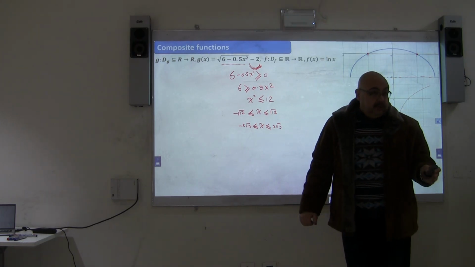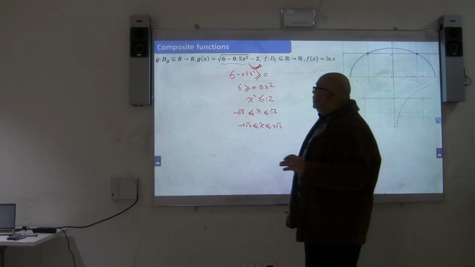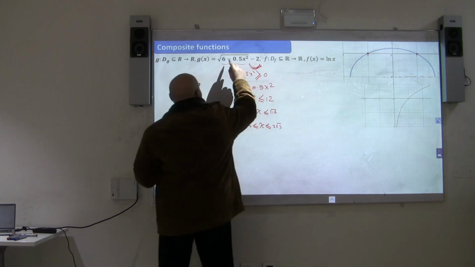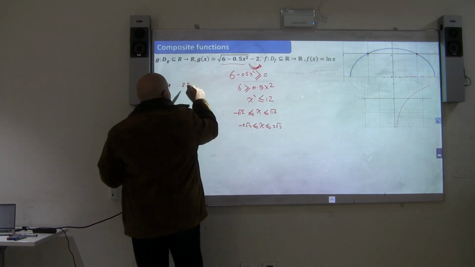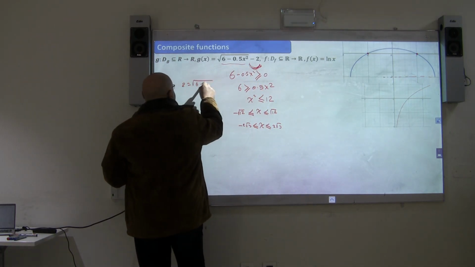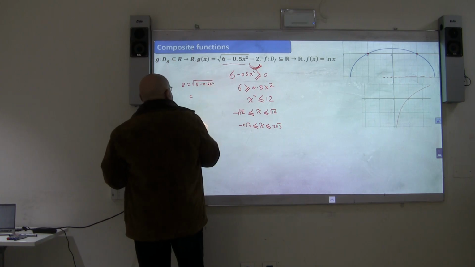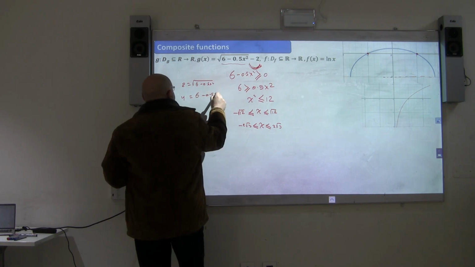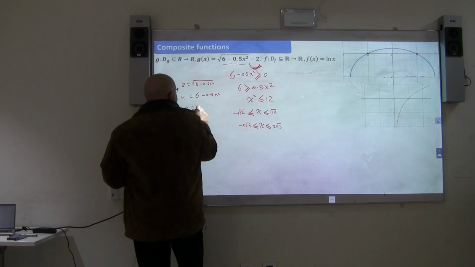This is really very simple to get also, by just equating the function to 0, that is, the root of 6 minus 0.5 x squared equal to 2, and then solving for x. It will be 4 equal to 6 minus 0.5 x squared, which means you will have negative 2 equal to negative 0.5 x squared.